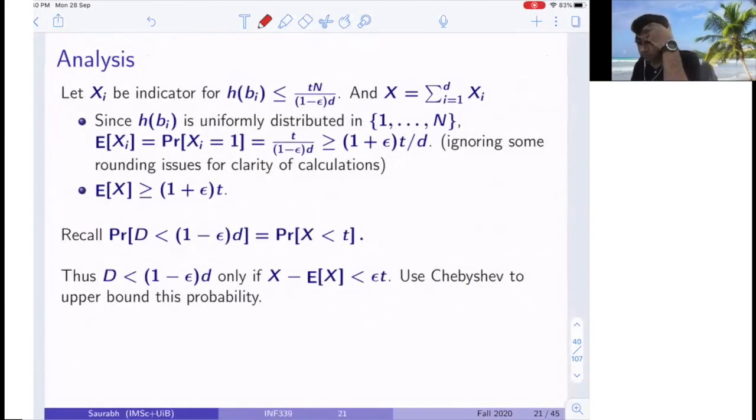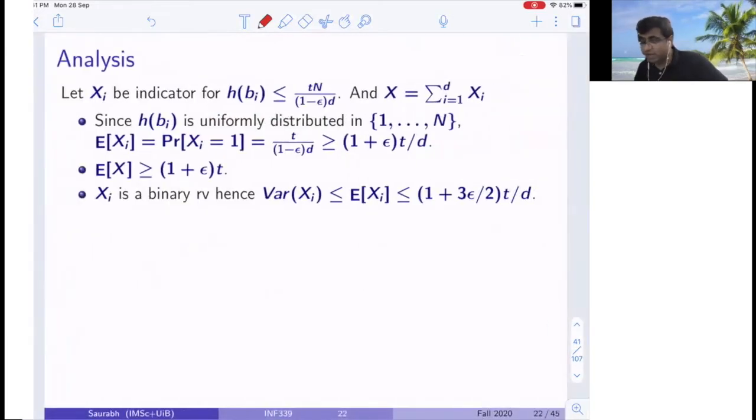Now recall that the probability d is less than 1 minus epsilon d is the probability x is less than t. Thus d is less than 1 minus epsilon d only if x minus its expectation is less than epsilon t. Now we will use Chebyshev to upper bound this probability. For that, we need to compute the variance of xi.